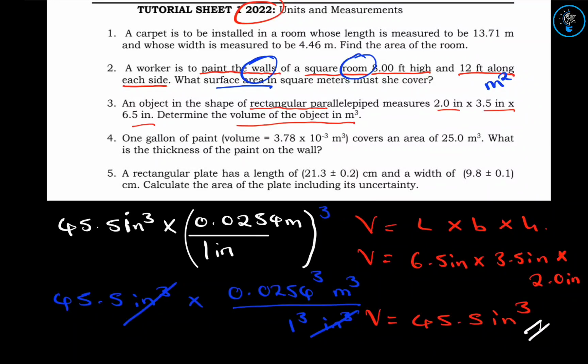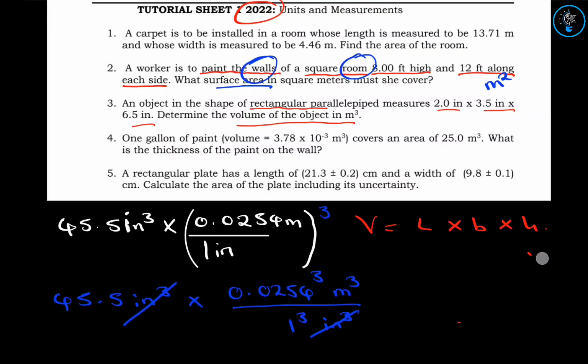This part and that part will cancel. So now we are confident that our answer will be in meters cubed.